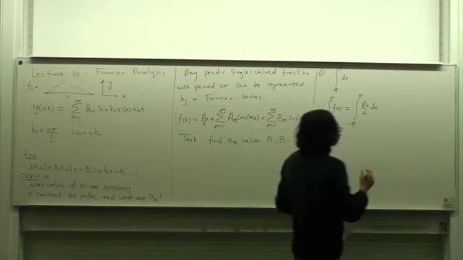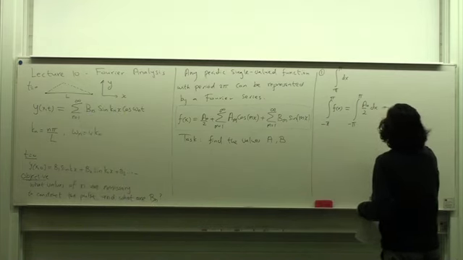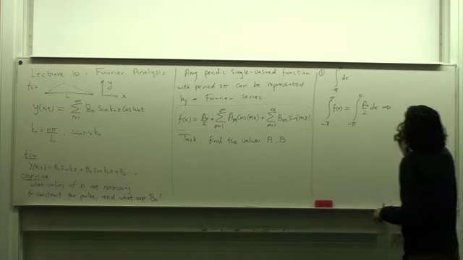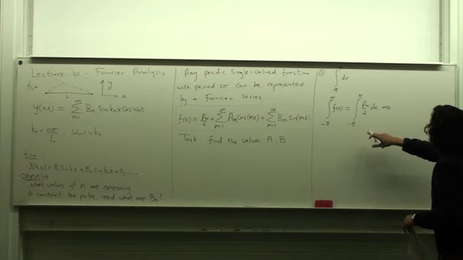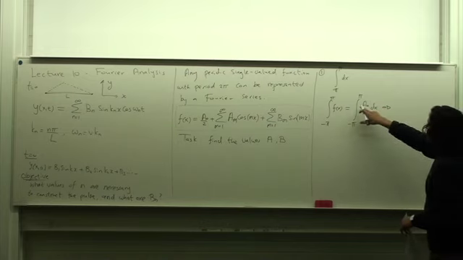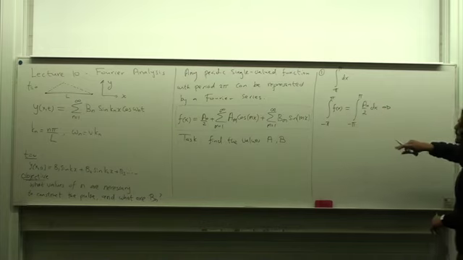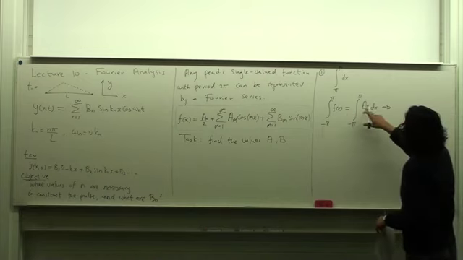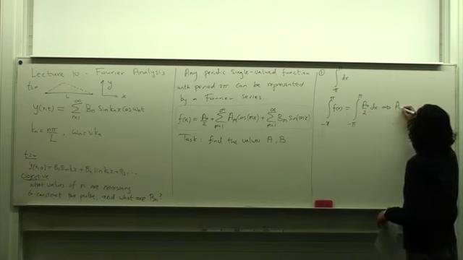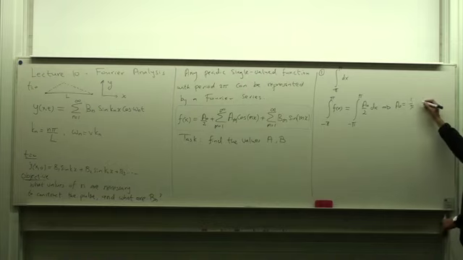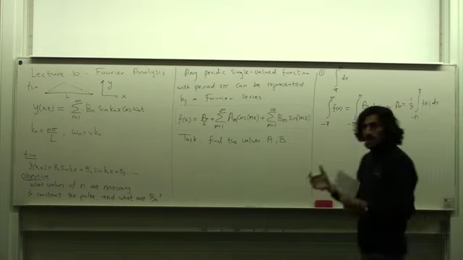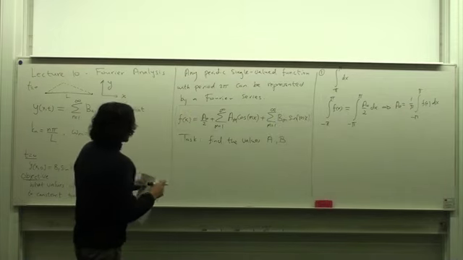And that gives us, if you make the integration, you end up with pi a0 here, which means that a0 is 1 over pi integral from minus pi to pi of f x dx. And we know this function f x.